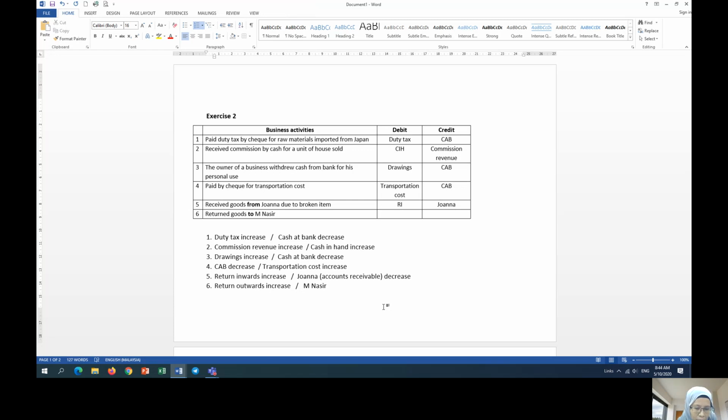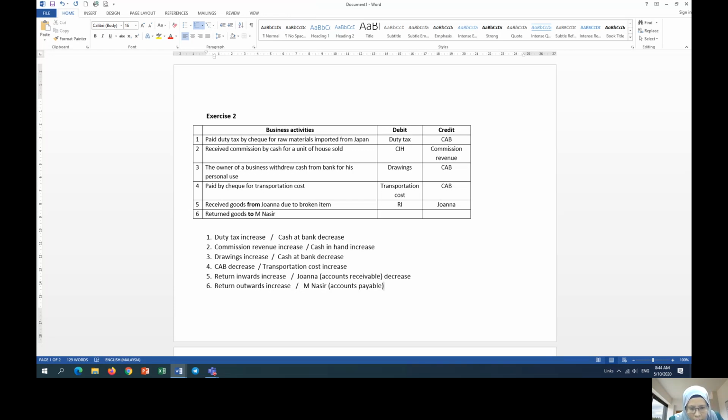M. Nasir adalah pembekal ataupun dia adalah pemiutang. He is our creditor ataupun accounts payable.